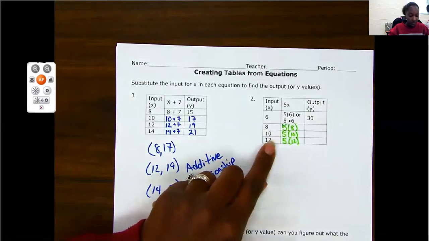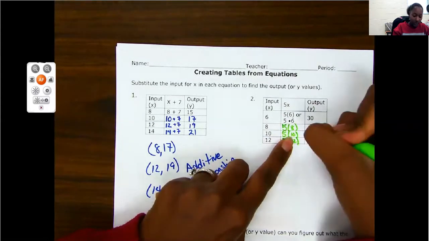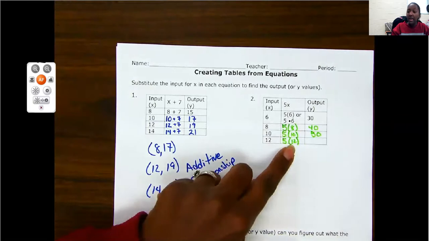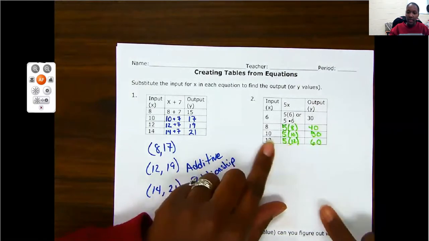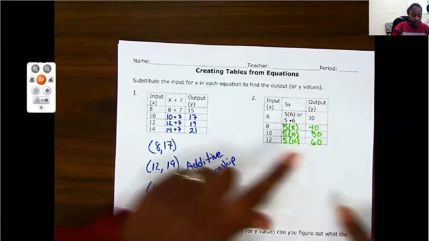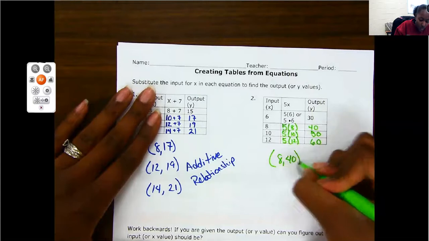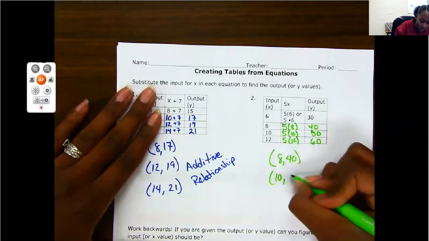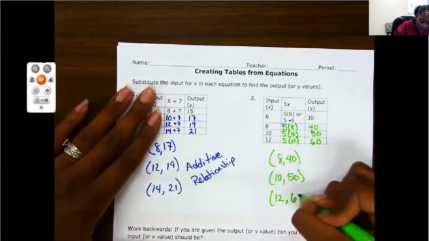Now we're going to multiply. 5 times 8 is 40. 5 times 10 is 50. 5 times 12 is 60, okay? So now we have our x and y relationship. And I'm going to go ahead and put that as an ordered pair. 10, 50, and then 12, 60.